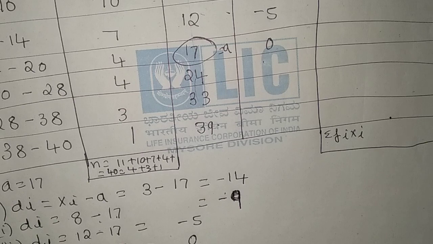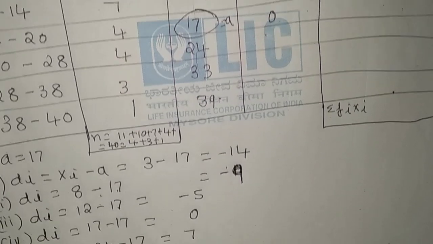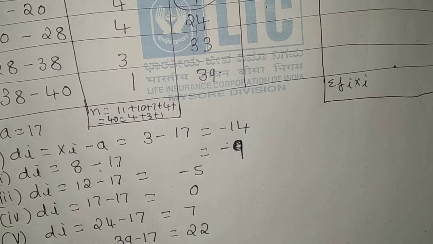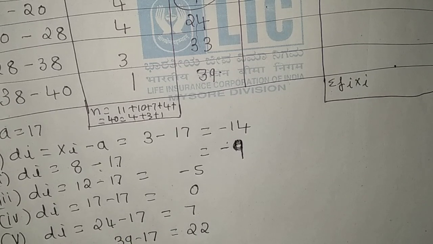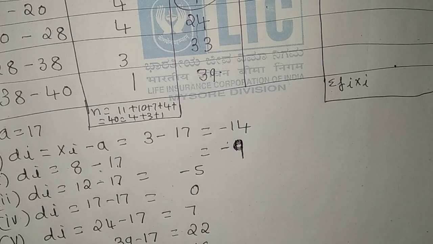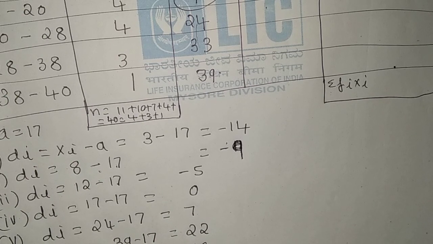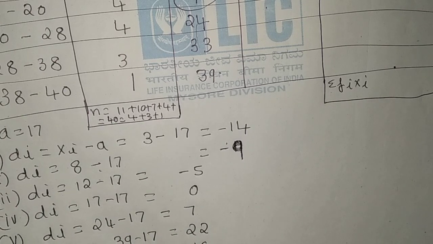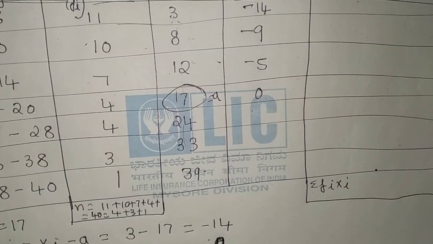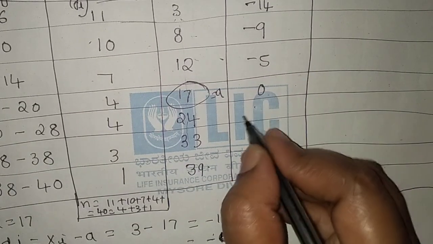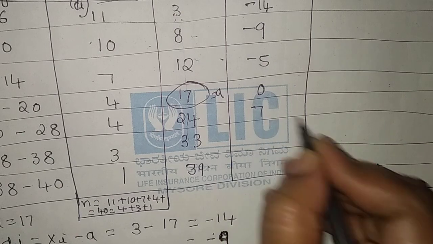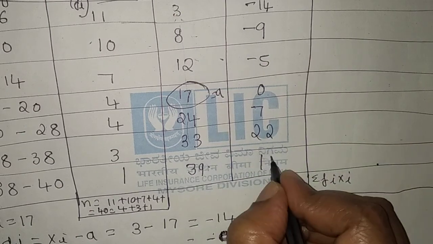This is the 6th value, di is equal to 33 minus 17 is equal to 16. So substitute the values. That is 7, 22 and 16.